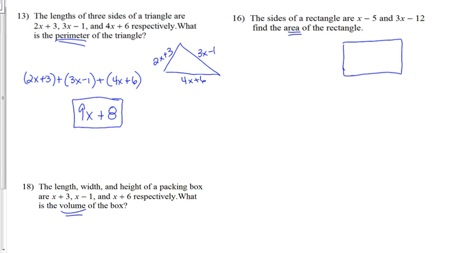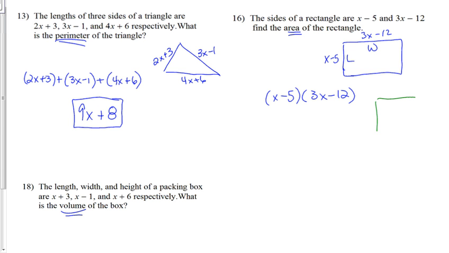Whereas the area looks a little different. So here's your rectangle. Here's x minus 5 on this side. Here's 3x minus 12 on this side. If we want to find the area, that is the length times the width, which is x minus 5 times 3x minus 12. So this is where you would use the distributive property, or you could use a box, either way.